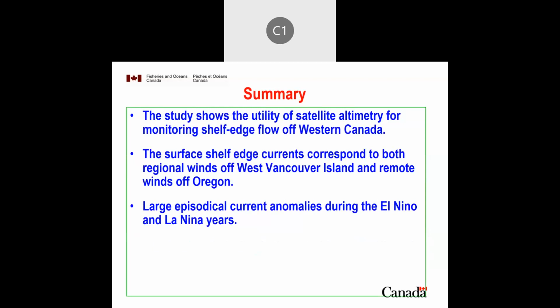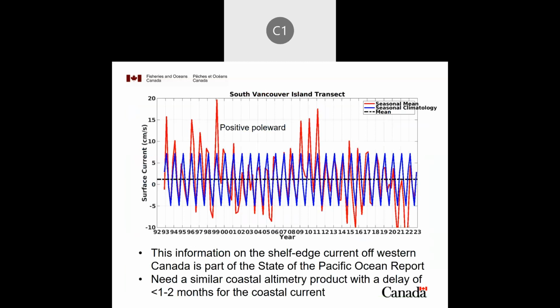So the last slide. The results I showed previously are only from 1993 to 2020. As I mentioned, the main purpose here is to use altimetry data to support the state of the ocean reporting. We need these kinds of results with a latency of probably about 1 month, to be included in the ecosystem state of the ocean report.